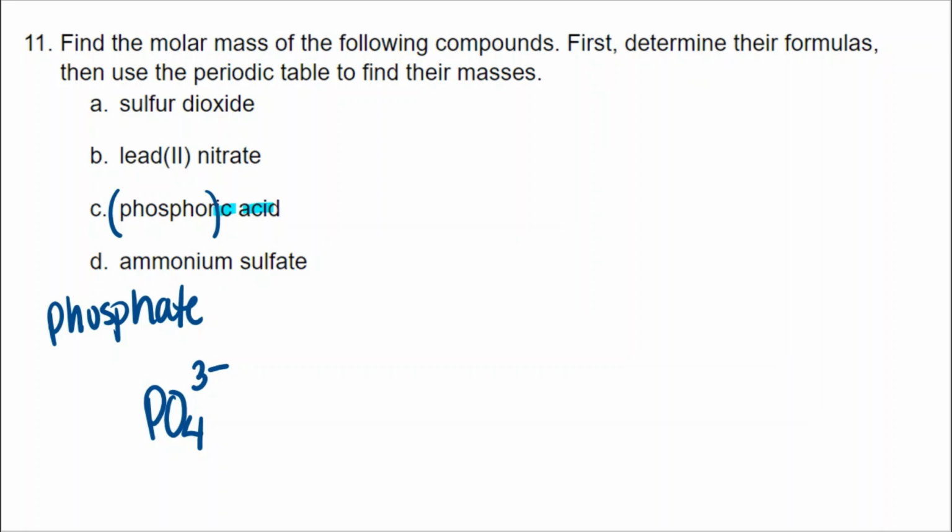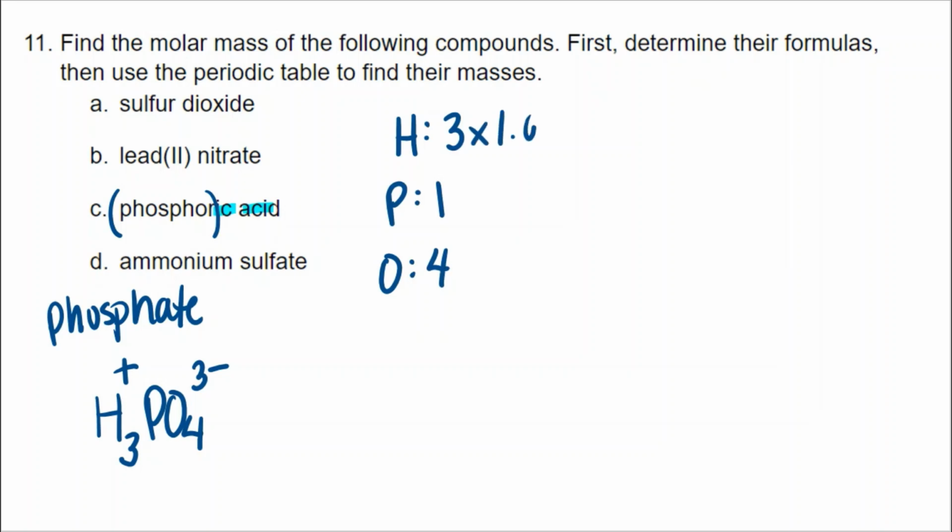Since this is an acid, we're going to start with hydrogen here, and hydrogen has a +1 charge. It's in that first column on the periodic table. So in order for these charges to balance out, I'm going to need 3 hydrogens. So we have a total of 3 hydrogens, 1 phosphorus, and 4 oxygens.